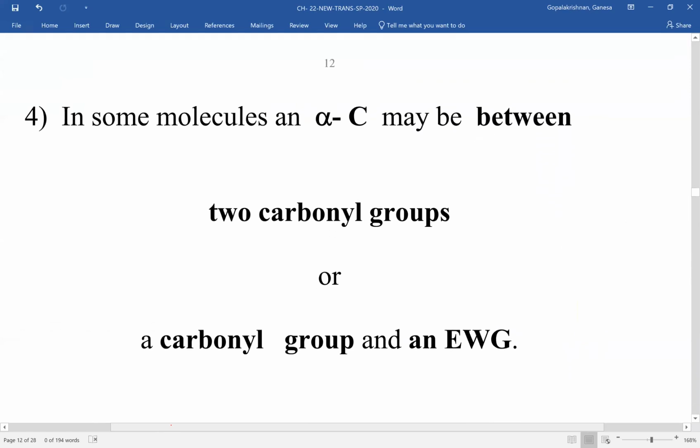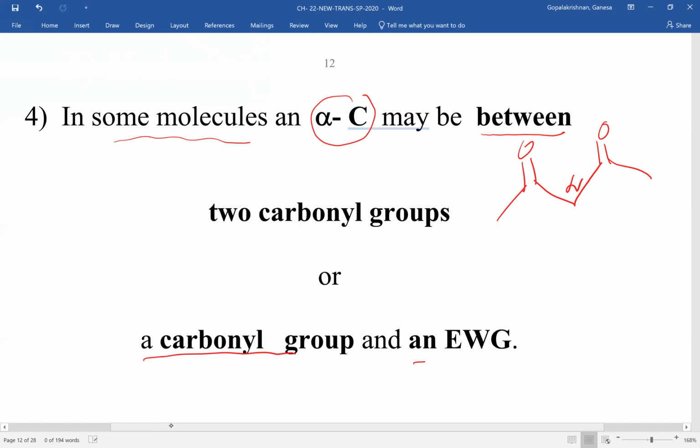We will see some molecules in which the alpha carbon may be present between two carbonyl groups, just like this. Look at the alpha carbon. Or between a carbonyl group and an electron withdrawing group. Or even two electron withdrawing groups.